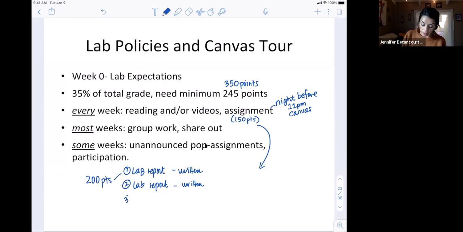And then the third thing is a grant proposal, an abbreviated grant proposal, not like a real one that a scientist would submit. And that has a written and an oral component. It's kind of like your final in the lab. Okay, so there's where your entire 350 points come from.